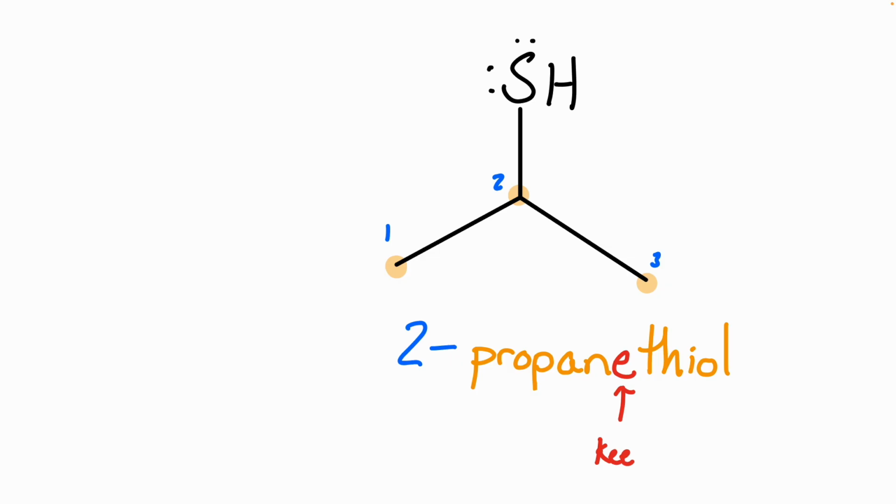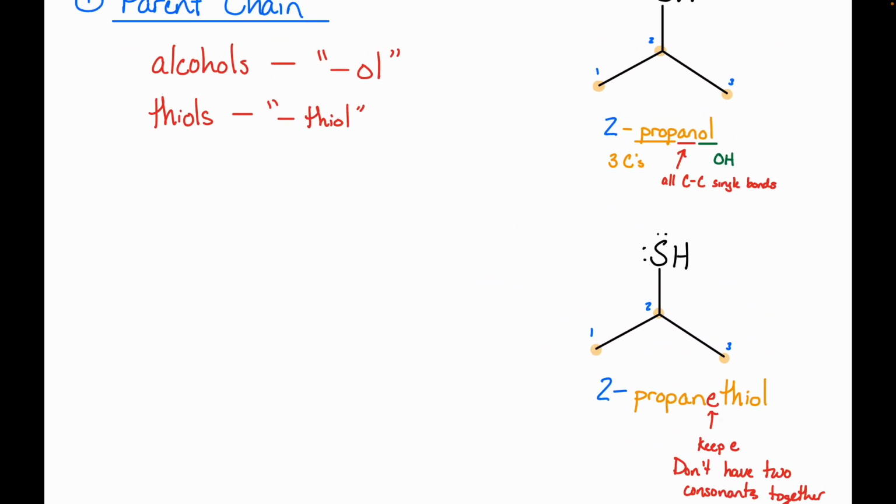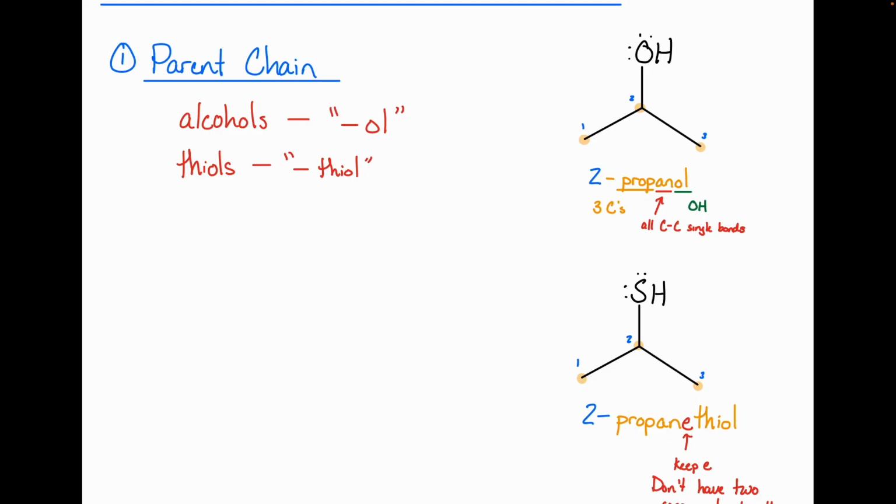We're going to keep this e, so that we don't run 2 consonants together. So propanol, but propanethiol.